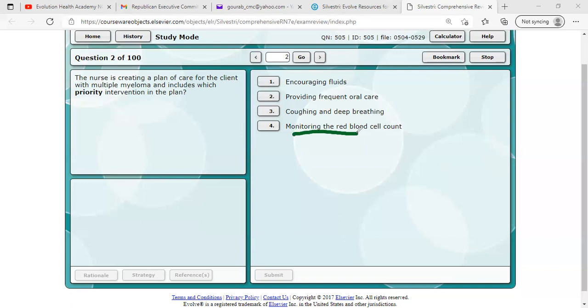Monitoring the red blood cell count is important because a multiple myeloma patient is easily infected by pathogens. So I need to check white blood cells, and I need to check red blood cells because anemia develops easily. Anemia is a common sign associated with multiple myeloma.